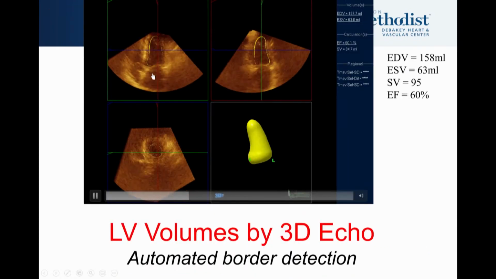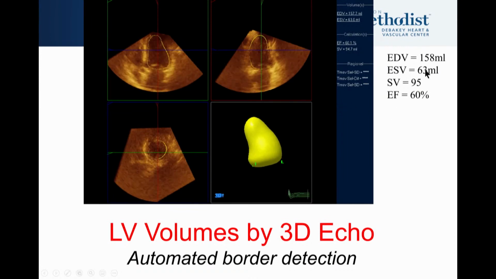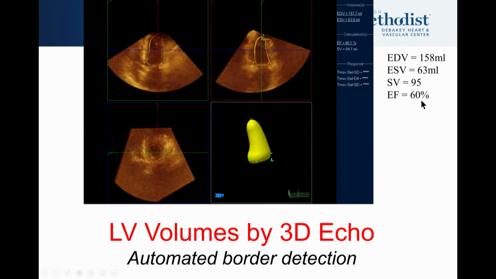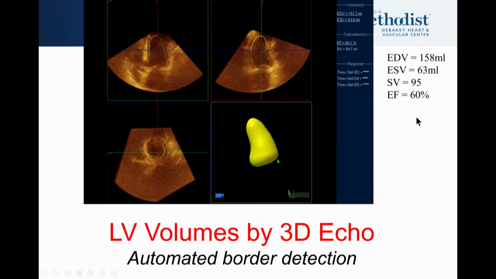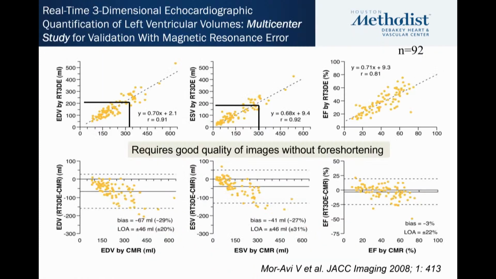And then the computer would take over, make the calculations, and report the volumes to you with end-diastolic and systolic, stroke volume, and EF. And when done well, the values were accurate and relatively easy to get. This is a process that would take a minute or two.